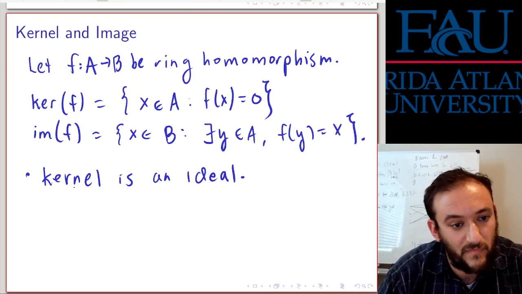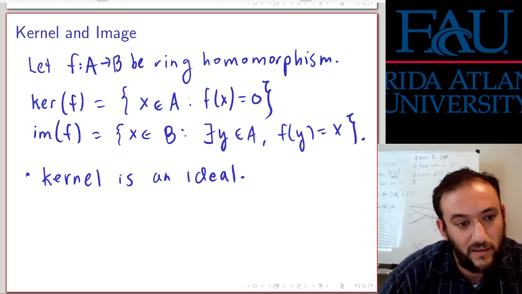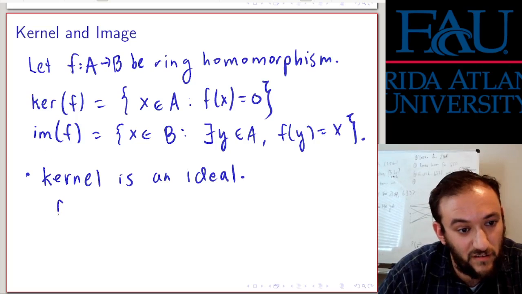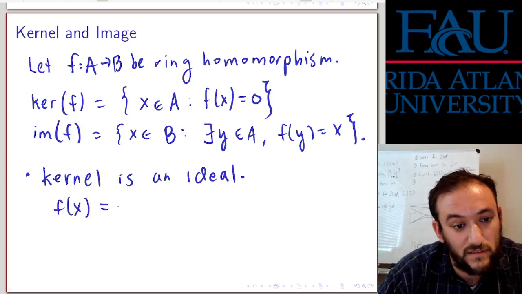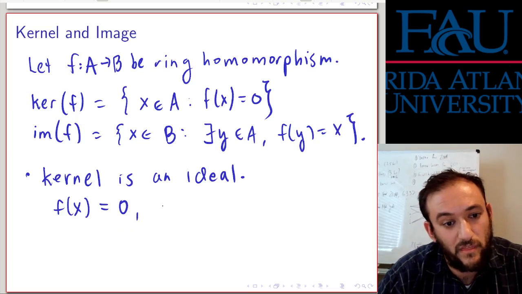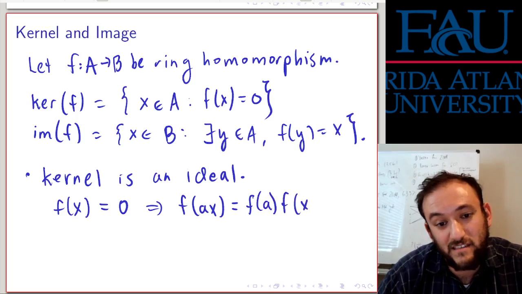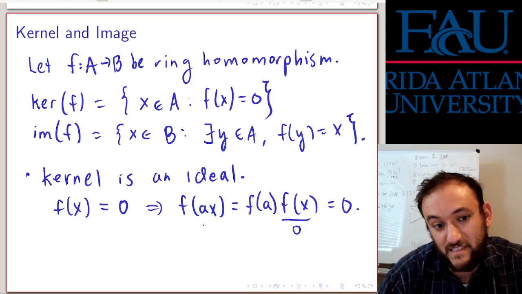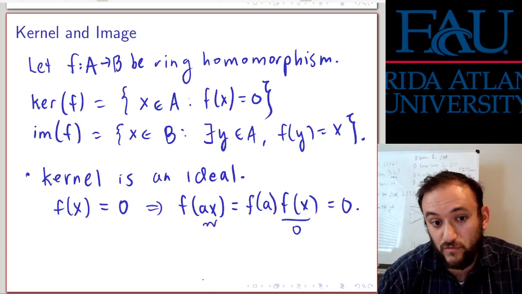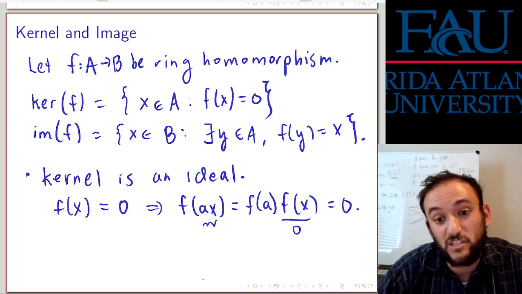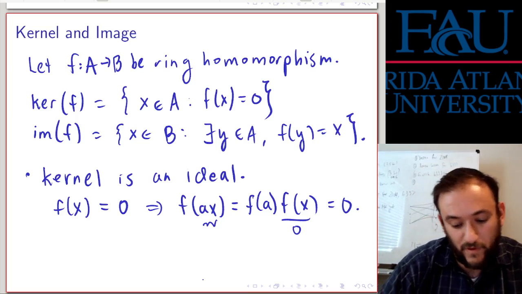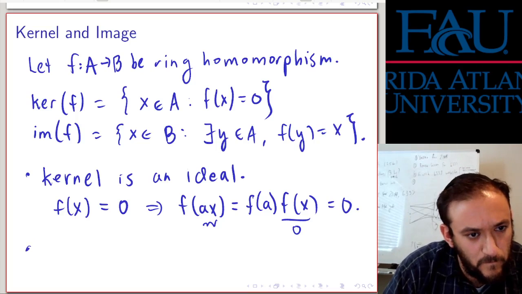And how could we demonstrate that? Well, if f of x equals 0, then f of ax equals f of a times f of x, but this is 0, so this is just equal to 0. So that means that ax is also in the kernel, which means it's closed under multiplication by elements of A. Okay, so that's how this is an ideal.